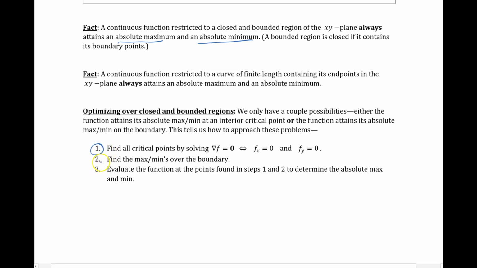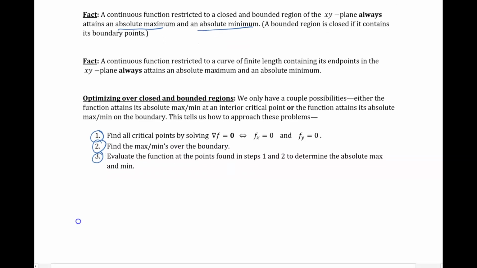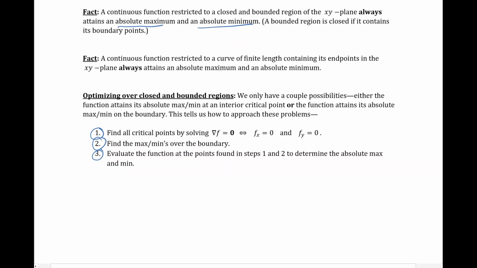Then we restrict our attention to the boundary and find the largest values of the function relative to the boundary, and see which are the biggest. Evaluate the function at the critical points found in step 1 and also the boundary candidates in step 2, and that will find us the absolute min and max. Again, that's for a two variable function over a closed bounded region.